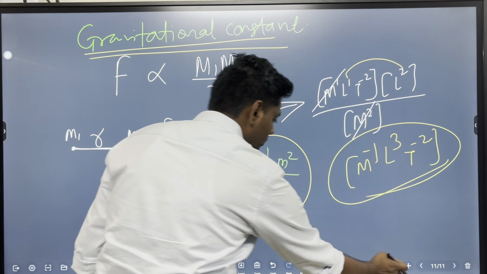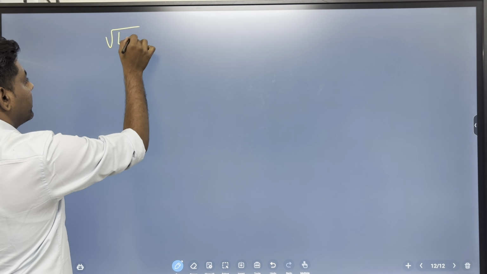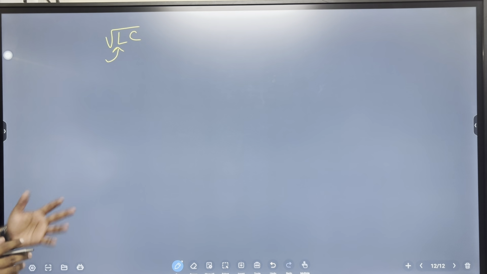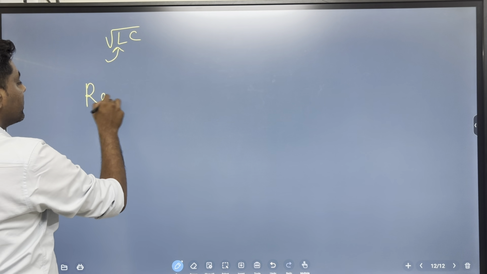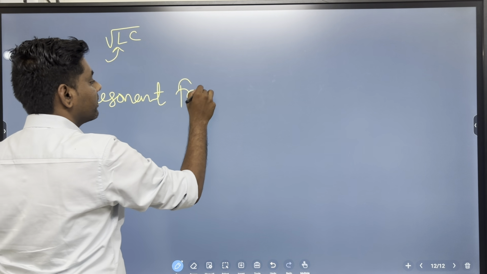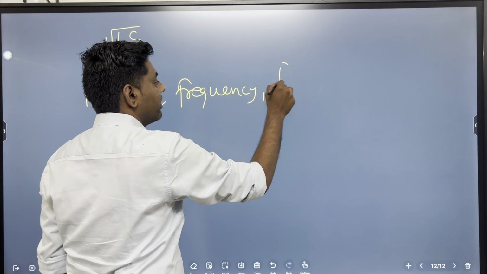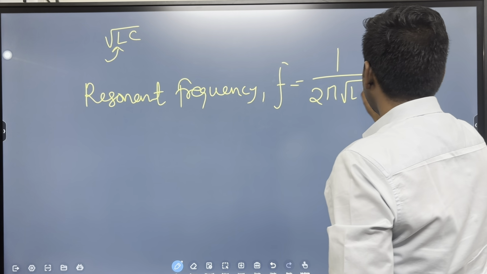Next, in the CET examination they ask what is the SI unit of under root of L into C, where C is the capacitance and L is the inductance. So remember the formula of resonant frequency, denoted by letter f, equal to 1 upon 2 pi under root of LC.